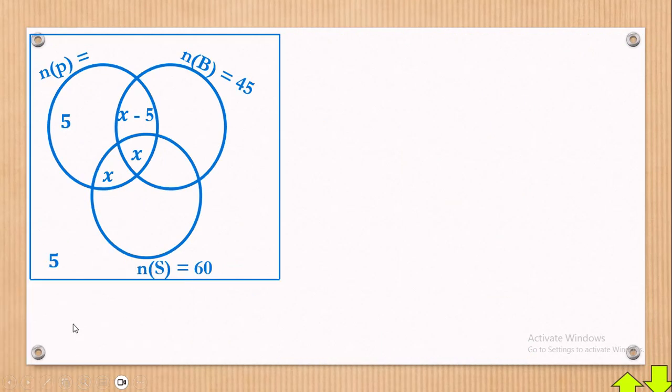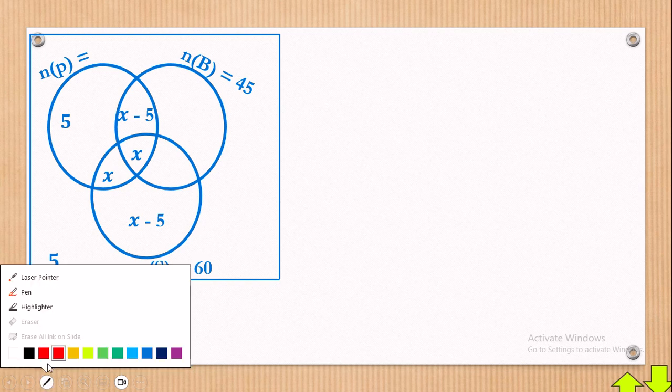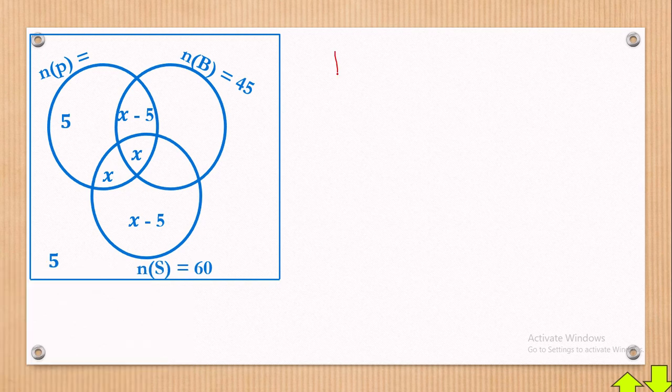I have X minus 5 there. Now we need to get the total. But how shall we get the total? We all know that the number of those who grow rice is equal to 80.